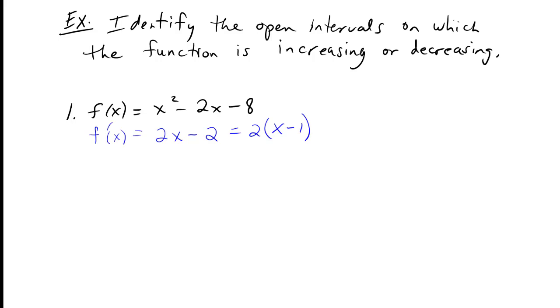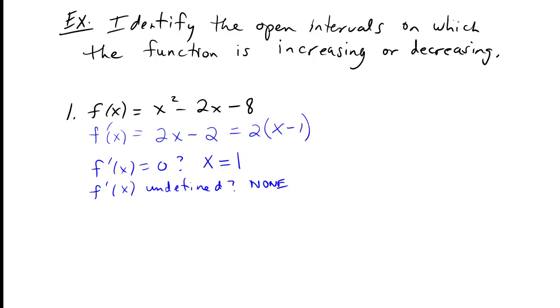Okay, so we want to know the critical numbers of f. In other words, we want to know where the derivative is 0 and where the derivative is undefined and the function is defined. In this case, it's pretty simple. We see that x equals 1 is a critical number because the derivative is 0 there.